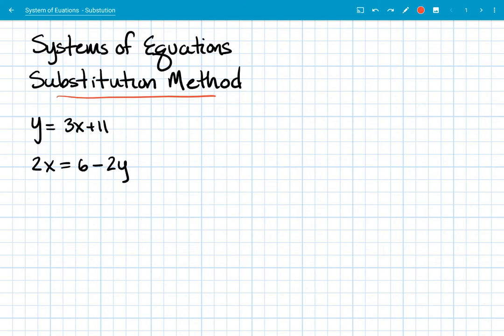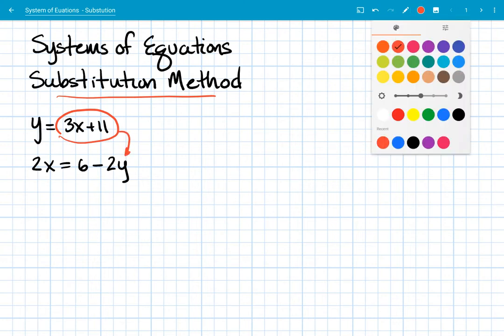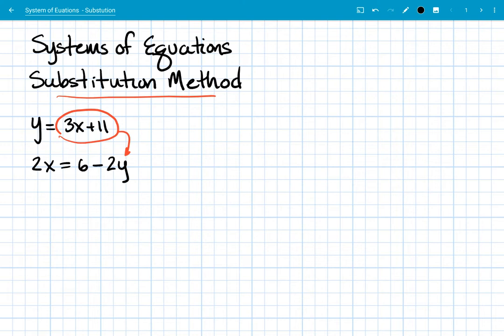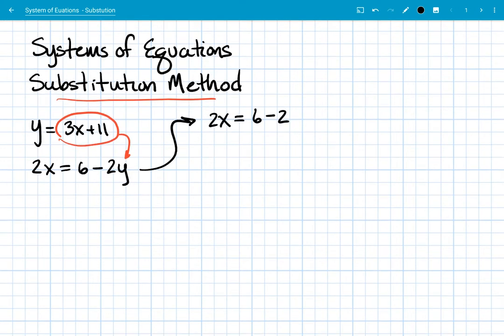Okay. So it relies on having at least one of the equations in y form. So in this case, this top equation, this quantity is equal to y. And so here comes the substitution step. I'm going to take that quantity and I'm going to put it into this equation in place of y. And so it'll end up looking like this. I'm going to rewrite this bottom equation. And the bottom equation is going to become 2x equals 6 minus 2 times y.